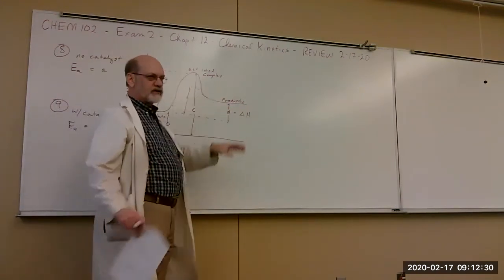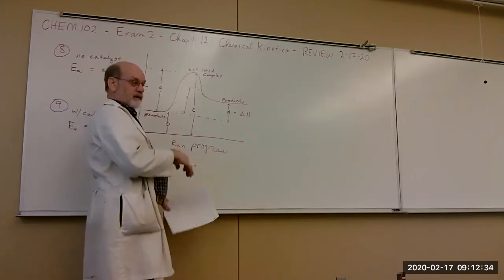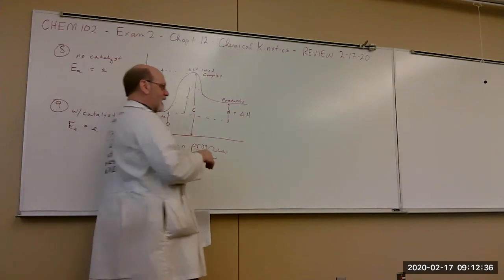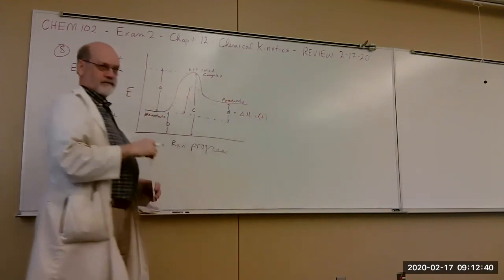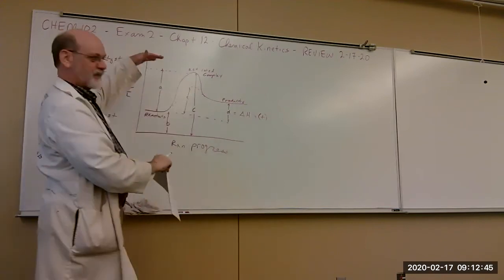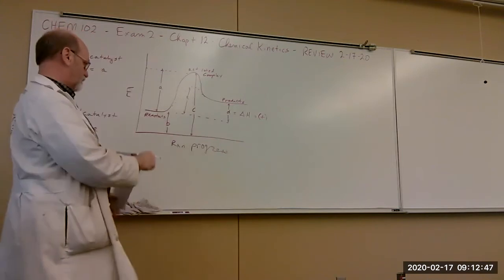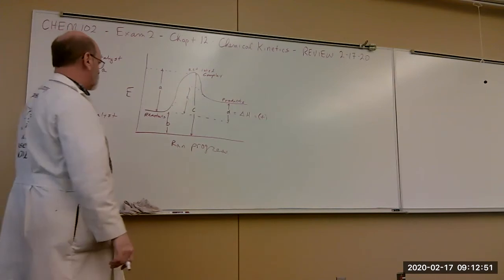So that's the delta H. It's endothermic. Right? It goes in, which means we're adding energy to the system. So if the product was lower below the reactant, then it would be exothermic. Exothermic, right? Could be a negative number.